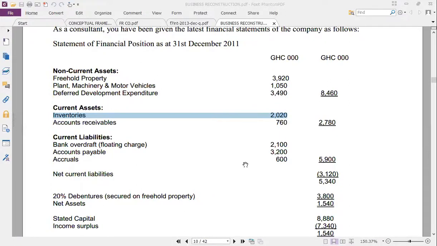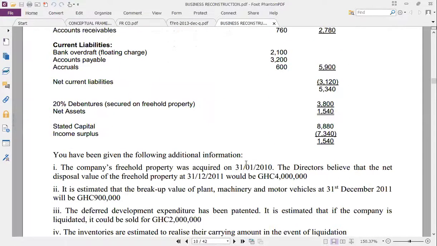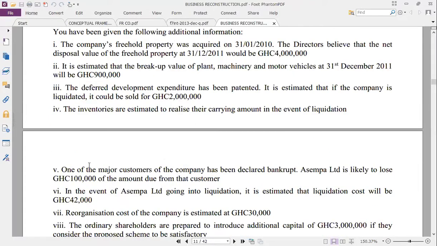Account receivable. You have to consider bad debts or provision for bad debts, then we take it off. One of the major customers of the company has been declared bankrupt. Asampa Limited is likely to lose 100,000 of the amount due from that customer. So the bad debt is worth 100,000. That will affect the account receivable.